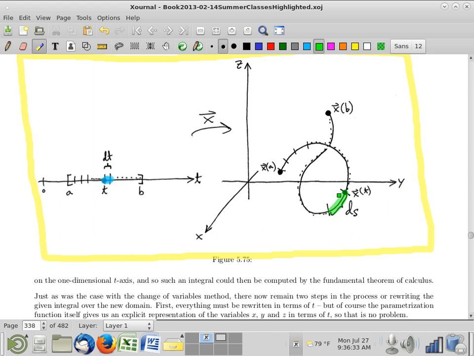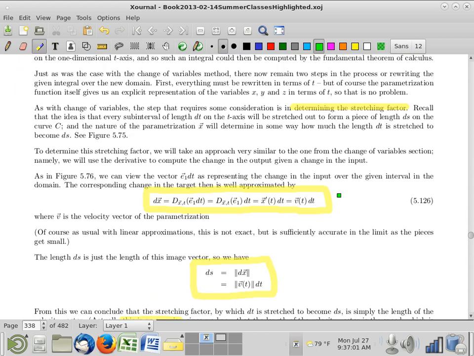I'm going to need to rewrite ds in terms of dt, and what I expect to happen, and what does happen in most cases, nice parameterization, is that ds is a certain factor times dt. So this size is a factor times that size. Namely, this size is a stretched out version of this size. So we call that factor a stretching factor. So we compute that stretching factor directly from the parameterization.